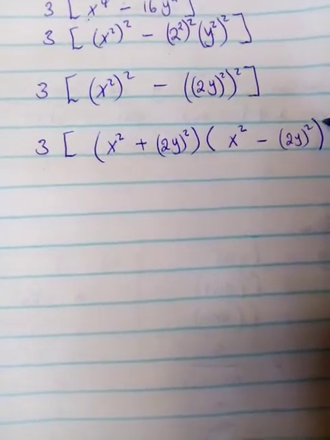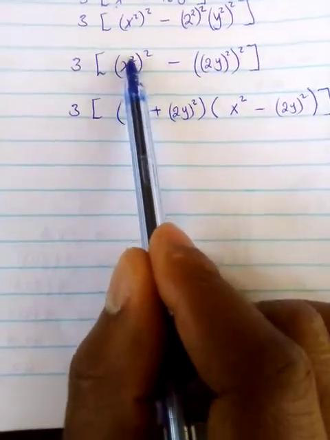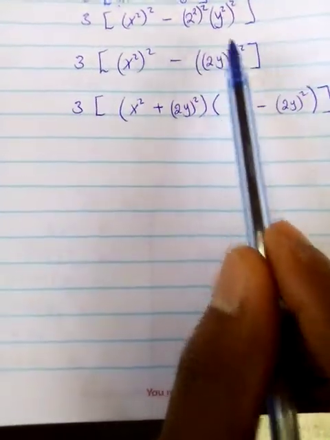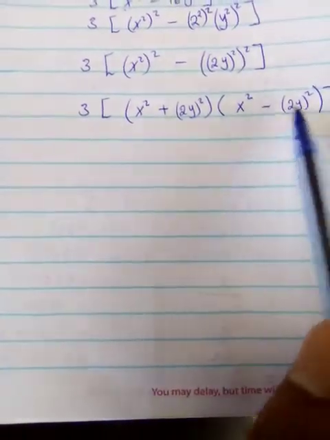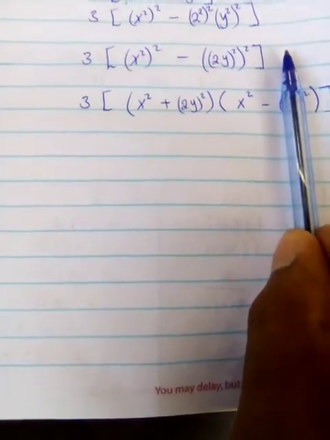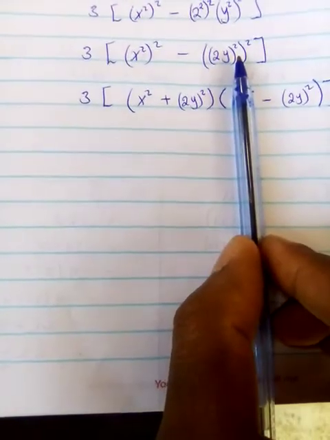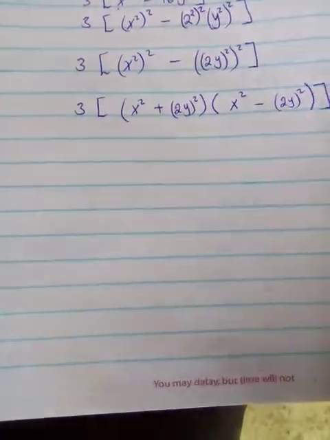Hope student, we are together. So that is the difference of two squares between this and this. I add these two, then I get this minus this. But when I look at these two, there is a continuation of the difference of two squares, because I take this one as one number that has a square and this as another one that has a square. So I can further factorize.